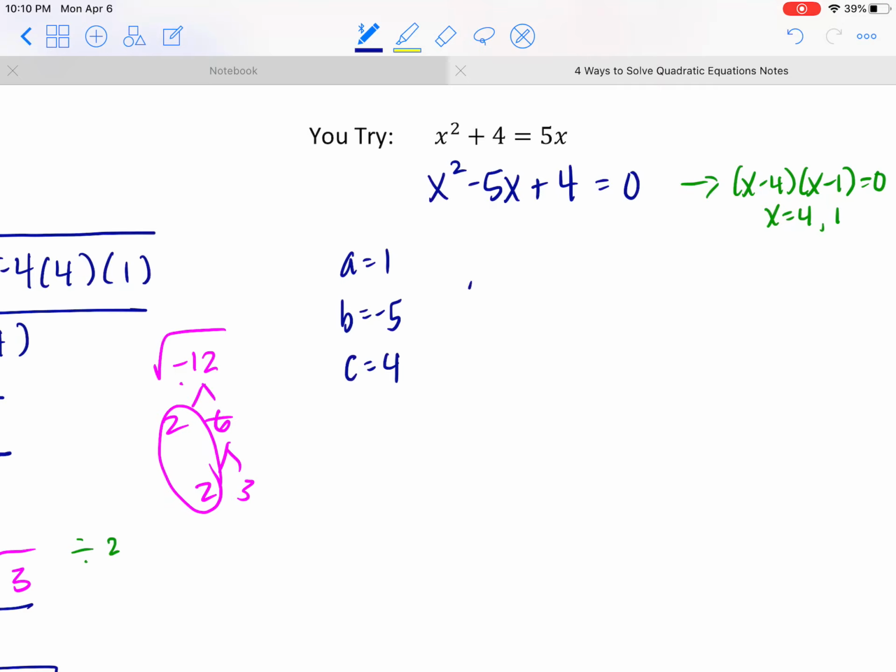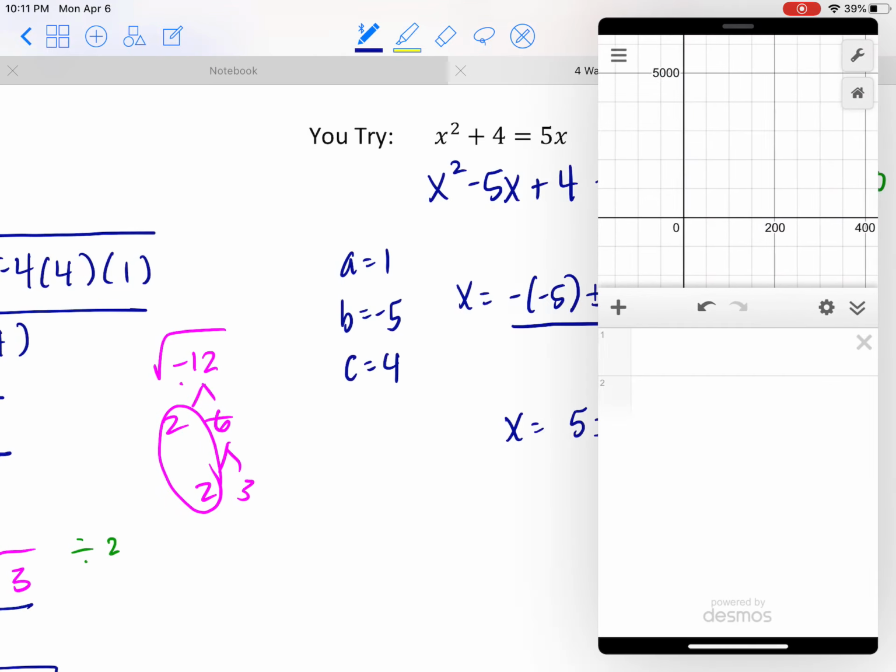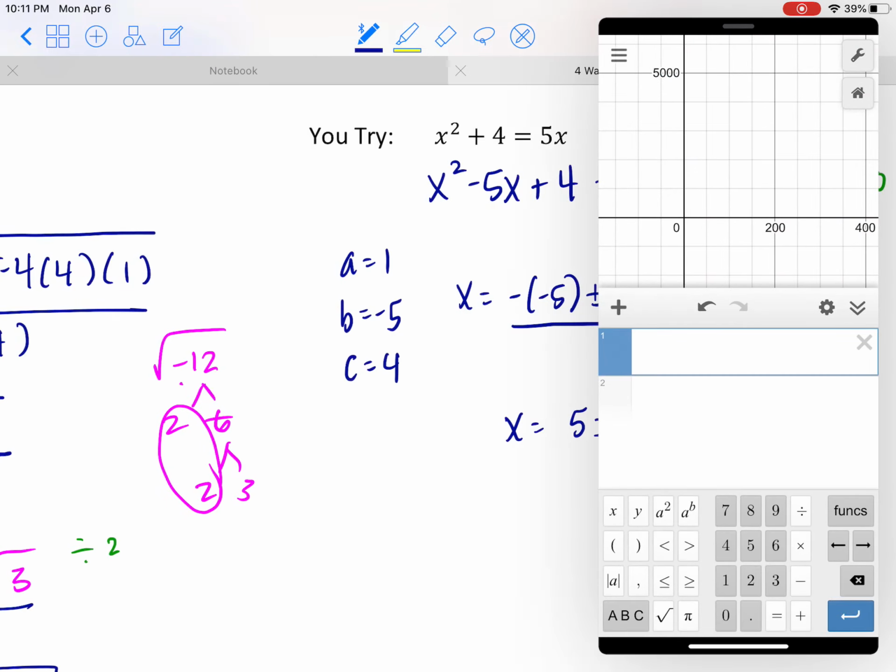What you would be plugging in here is 1 for a, -5 for b, and 4 for c. And what's going to happen is it's just going to simplify a little bit more nicely than the others, and I'll show you. So here x would equal negative b plus or minus the square root of b squared minus 4 times a times c, and that's all divided by 2 times a.